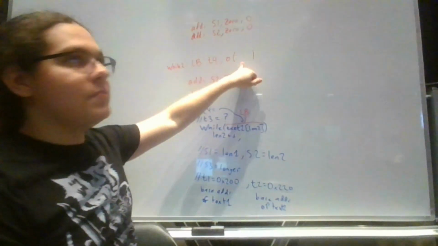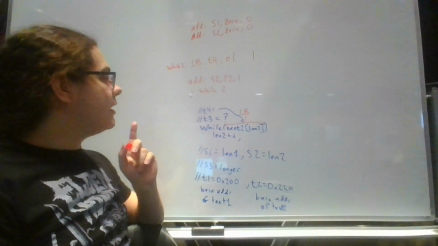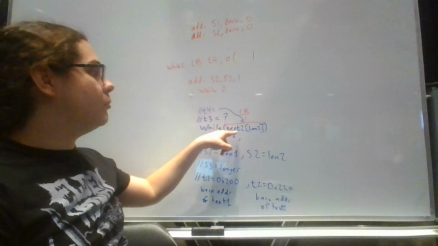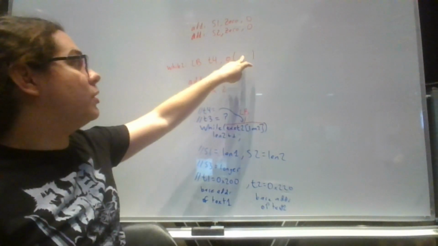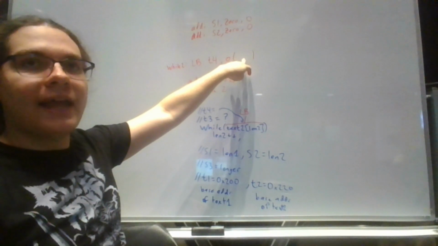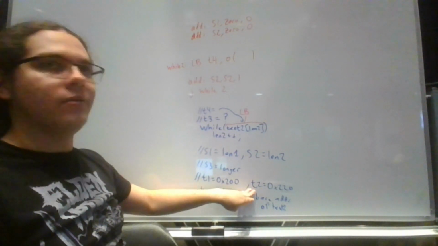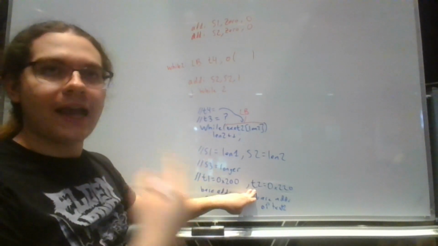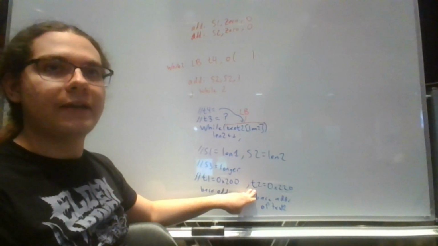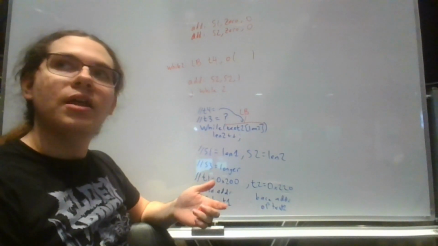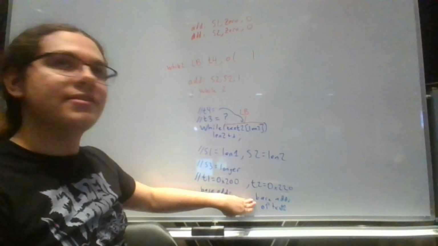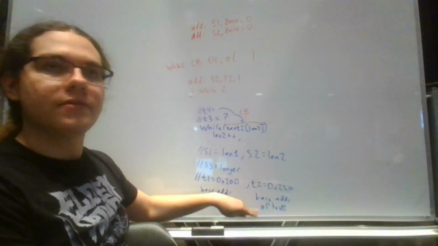Now here, I have to be careful because we need to keep in mind that every iteration of this loop, we're not reading the same thing. So I can't put a static number here. I can't just put a register that's unchanging. So I can't just put T2 because T2 is constantly hex 220. It's always going to be that. I need another variable to keep track of my base plus whatever offset I'm currently at.